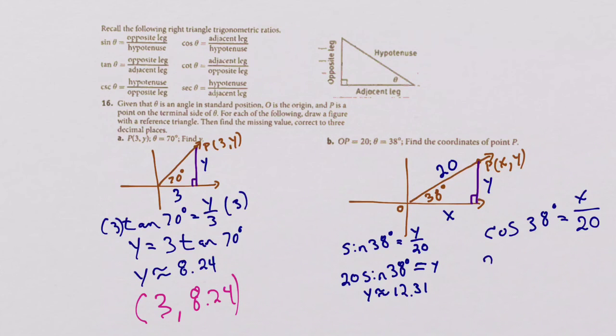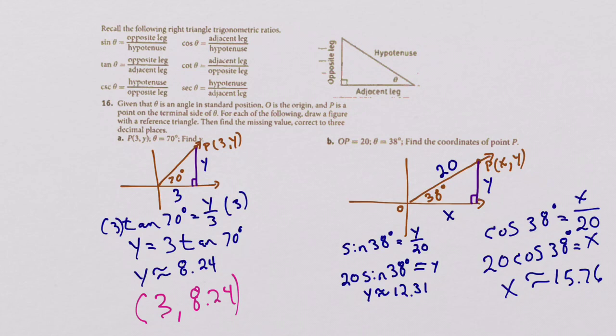With a little bit of algebra, you get 20 cosine 38 degrees equals x. And once you put it in the calculator, once again, always make sure you're in the right mode. In this case, it's degree mode because we have 38 degrees. Your x is going to be approximately 15.76.